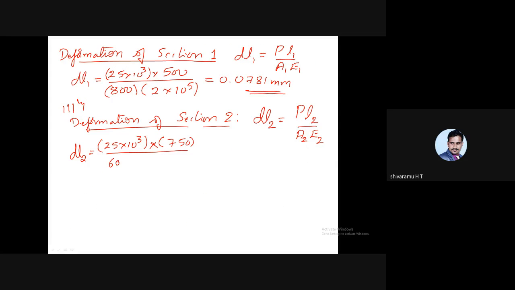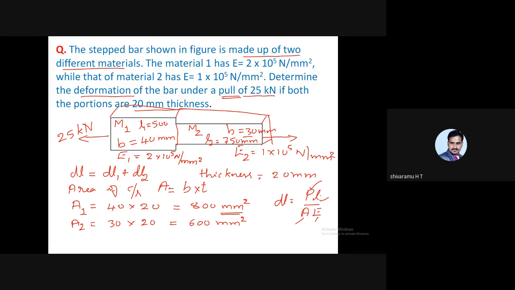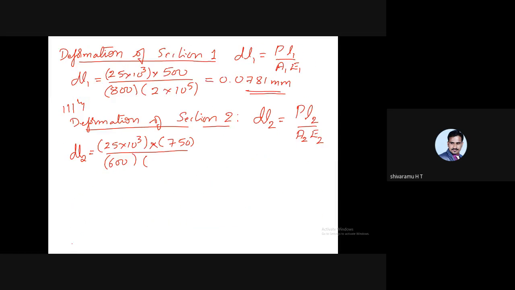So 600 is the area of cross section for portion 2, and Young's modulus for material 2 is 1 into 10 power 5 Newton per square millimeter. If we simplify further, we will get dl2 equal to 0.3125 millimeter.